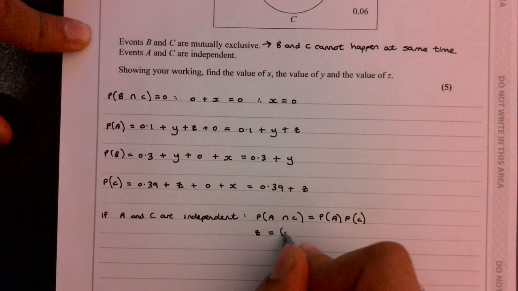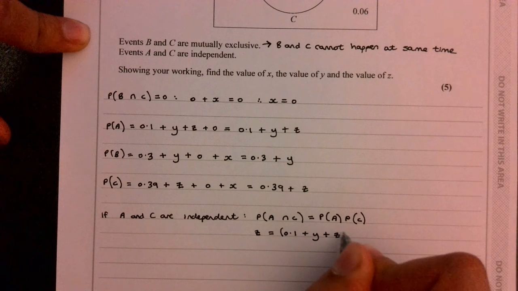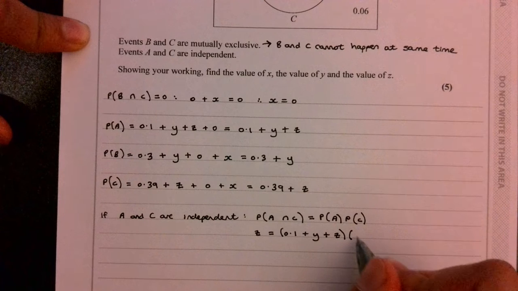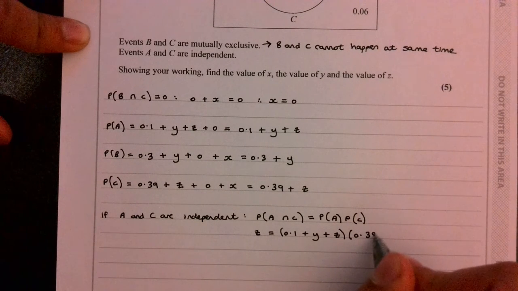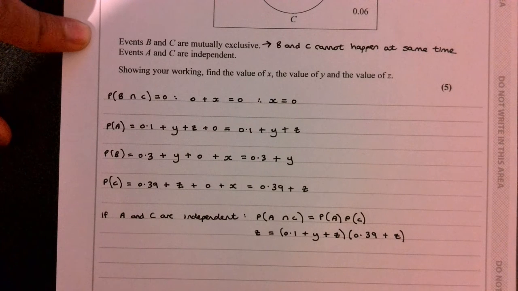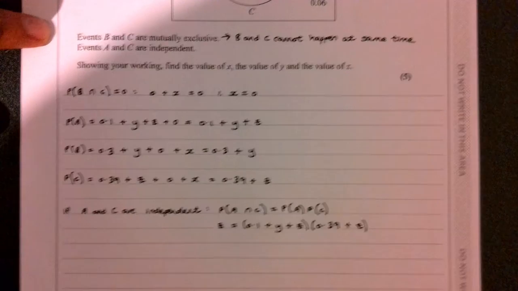So we have 0.1 plus y plus z. The probability of C, we found that to be 0.39 plus z. Okay?